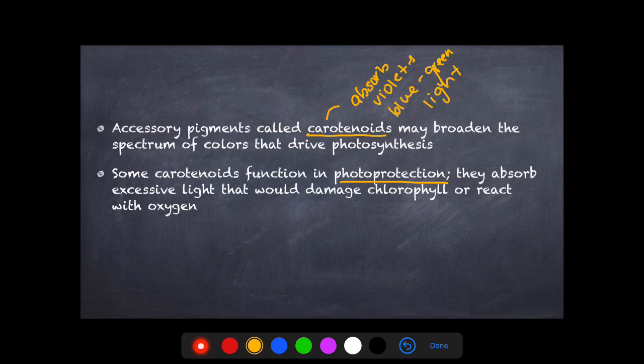And they can also broaden the spectrum of colors that help to drive photosynthesis. Some carotenoids also function in photoprotection, which means that they just take in excess light that would actually damage the chlorophyll or react with oxygen, and can be dangerous for the cell. Because if they reacted with oxygen, they could become really reactive and cause the cell damage.